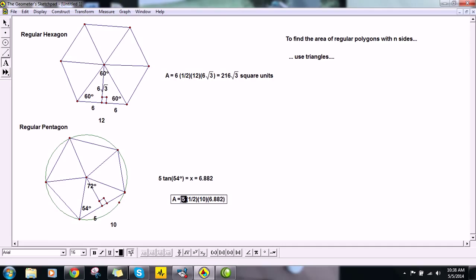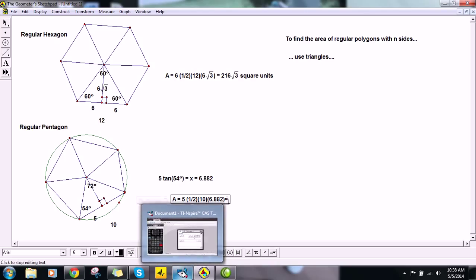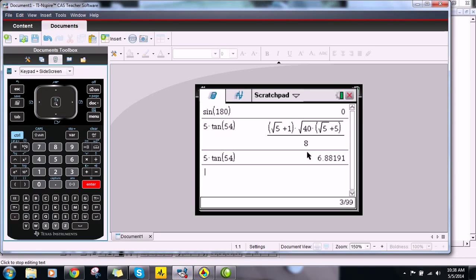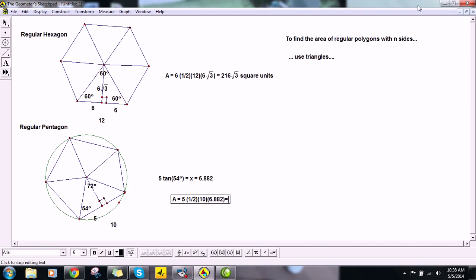If I ignore the 5, that is just the area of any one of those 5 congruent triangles. But I have 5 of them that make up the pentagon, so I need to multiply that by 5. Now I'll turn to my handy-dandy calculator. Basically, I want 25 times what I just got. That's going to tell me 172.048 square units.